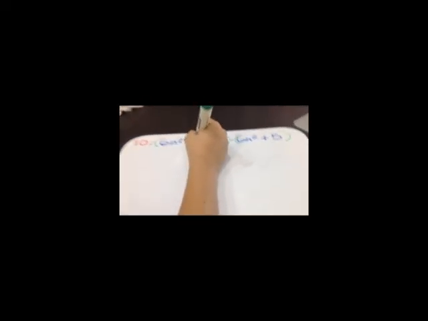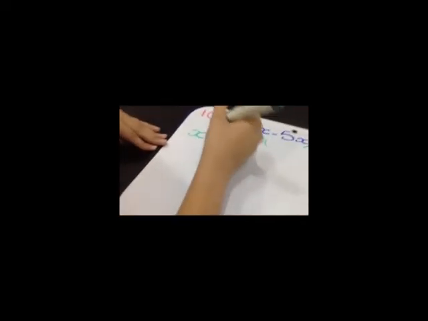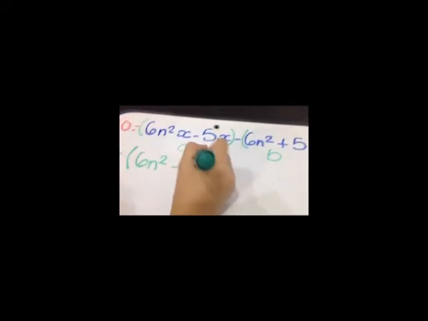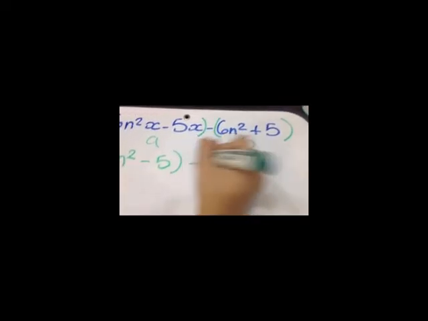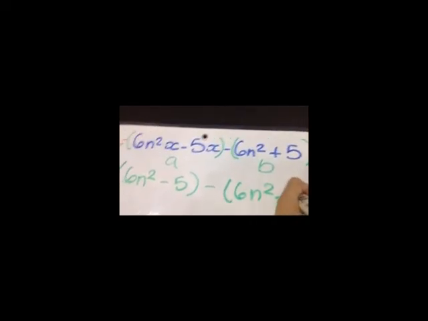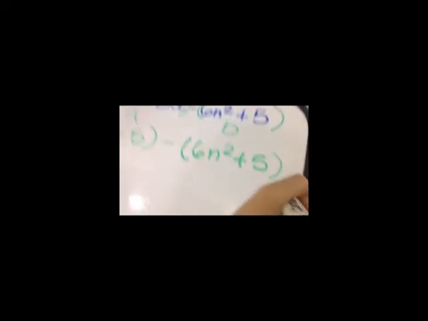This is A and this is B. We'll first take out all the terms of letter A, so it will be x. So this is equal to 6n squared minus 5. And then we will copy 6n squared plus 5 as B.